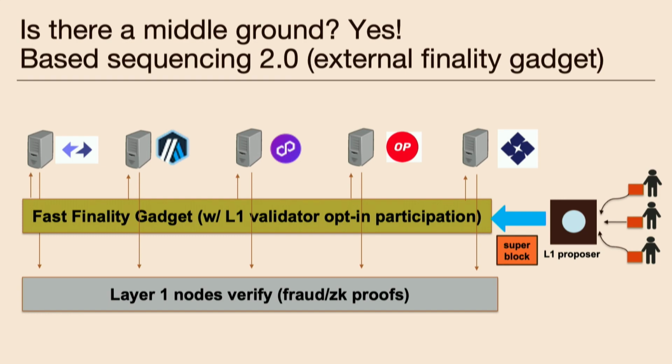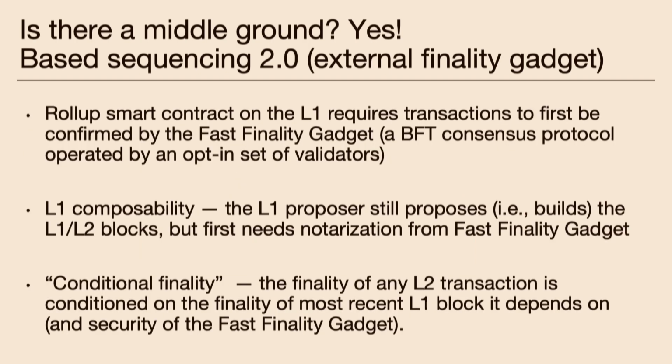Yes. Base sequencing can have its cake and eat it too, in some sense. What we can do is introduce an external finality gadget. We call this a fast finality gadget, and we could have L1 validators even opt in to participate, say using EigenLayer restaking, as Kaida was just talking about in the last talk. So what does this do?